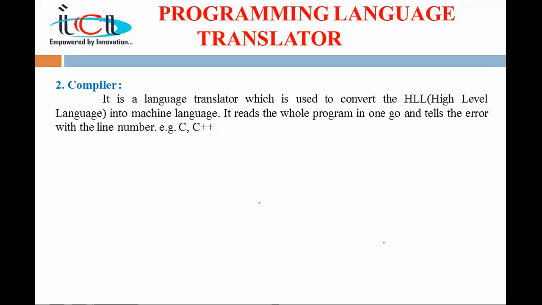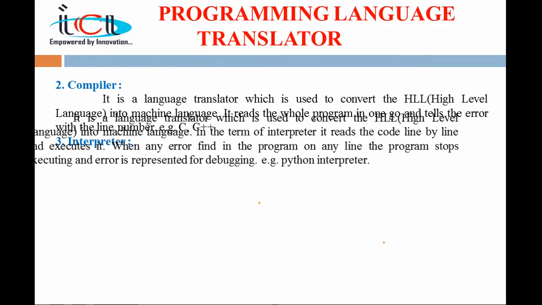For example, if a program has 10 lines, it reads all 10 lines at a time and tells the error with the line number. If our program has an error, it tells us the line number where the error is and the error name.